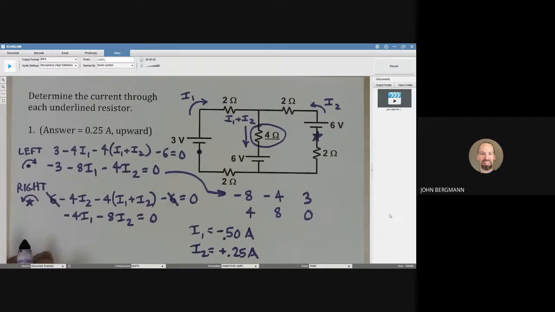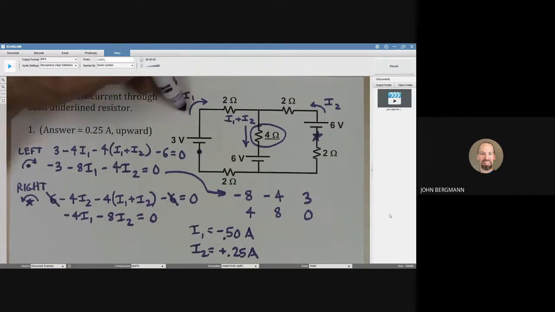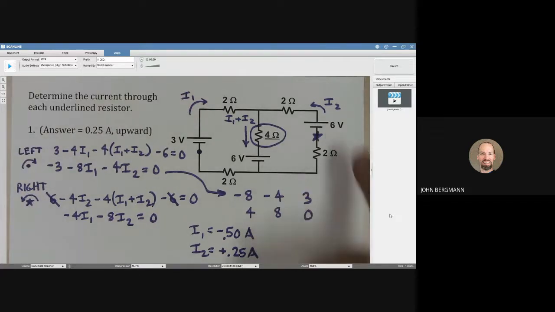Well, it means that I chose the wrong direction for I1. I assumed that it went this way, as you can see at the top of the screen here, and in reality, it goes the other way. No big deal. Okay, who cares? I happen to guess correctly on I2 because you can see I2 is a positive number. As long as you are consistent, you're going to get the right answer.